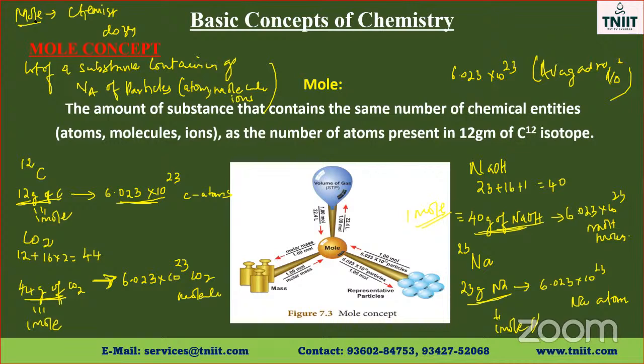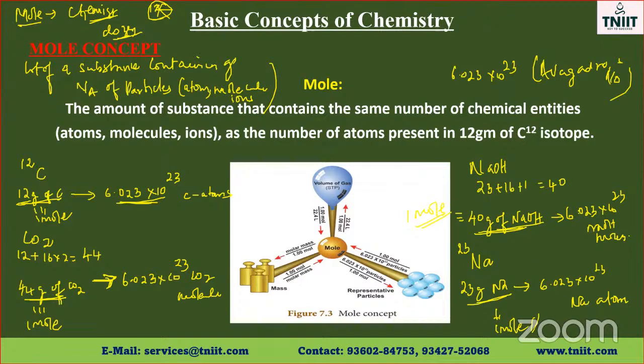Therefore, we have to take atoms, molecules, or ions in terms of groups. That group is named a mole, and it is called a chemist's dozen. Do not get confused that when you say dozen, it is 12. No, it is only a representation for a mole. Mole is termed a chemist's dozen.